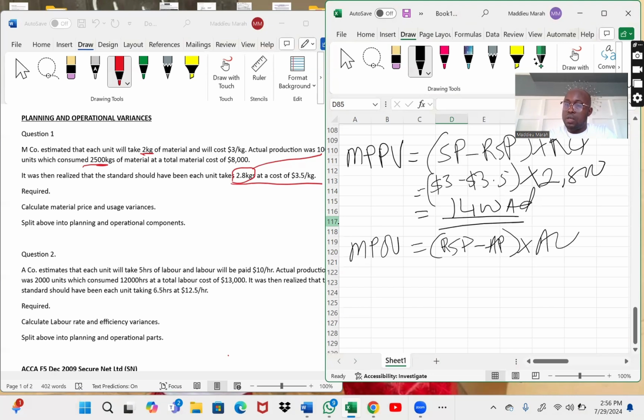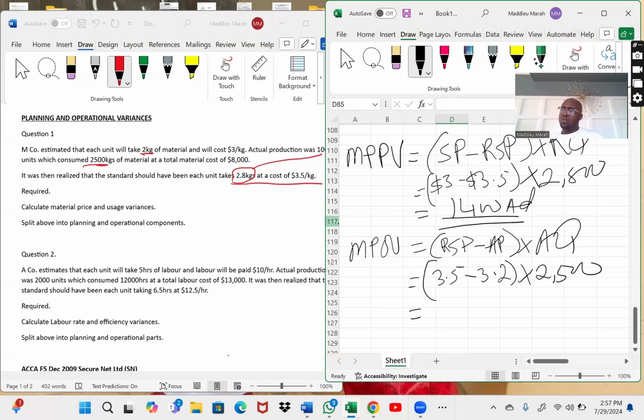Remember the formula. So, what's our revised standard price for this question? 3.5 minus, what's our actual price? 3.2, thank you. Actual quantity, 2,500, very good.